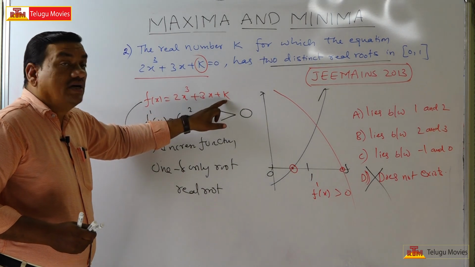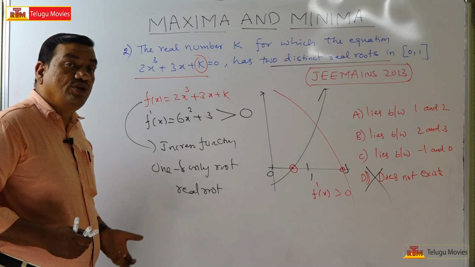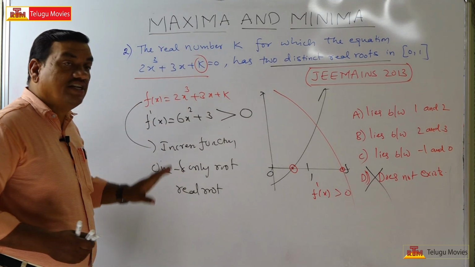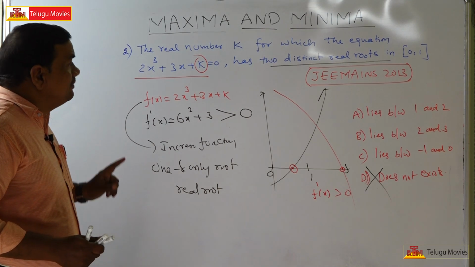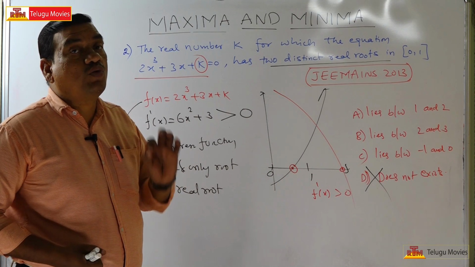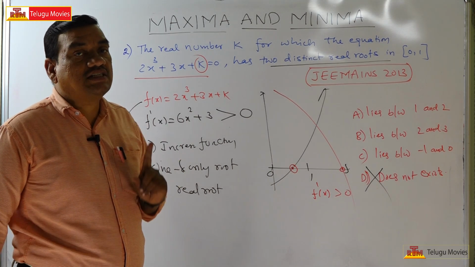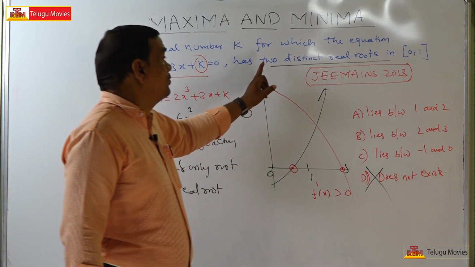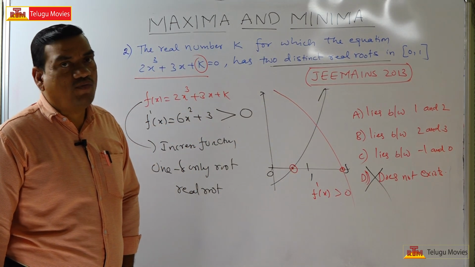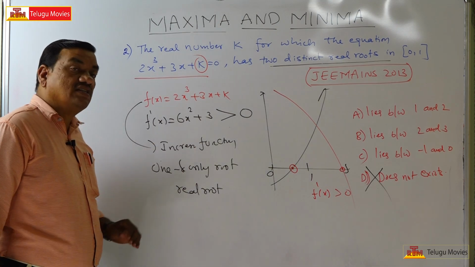Because when you take the first derivative, it never becomes 0. Whatever that k value, the function is an increasing function, and between 0 and 1 it intersects at one and only one point. Therefore, it has one and only one real root. It cannot have two distinct real roots in 0, 1, right? So your answer is does not exist.